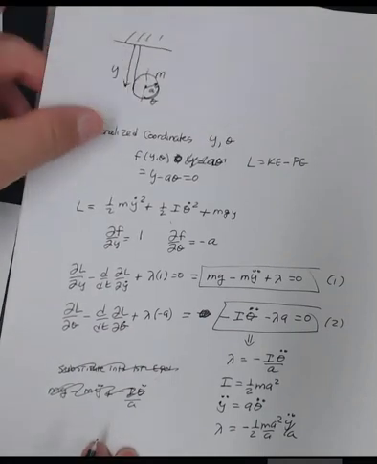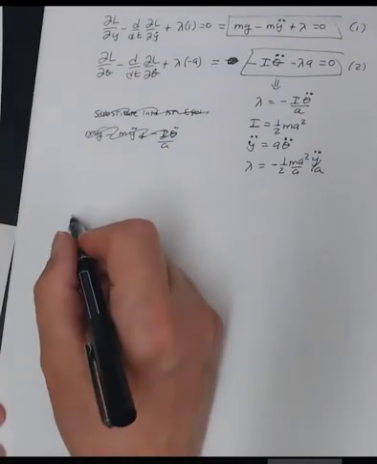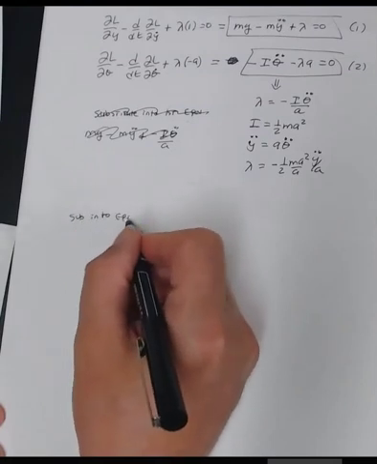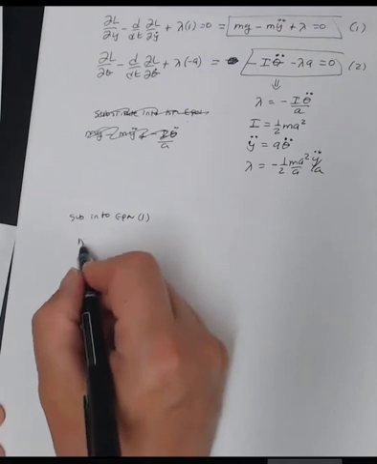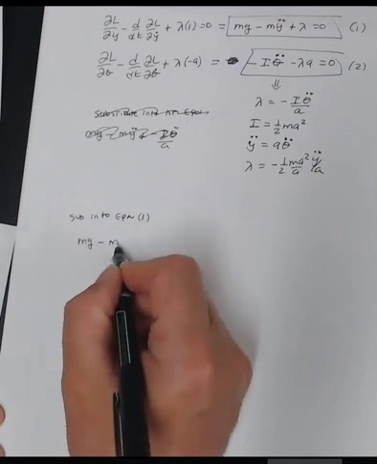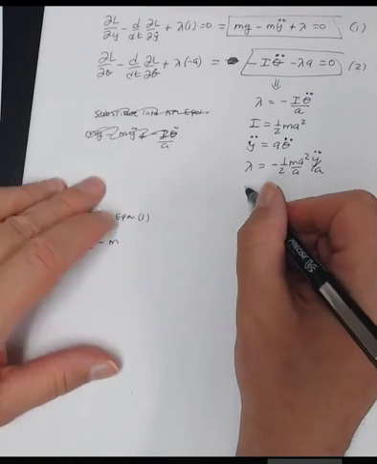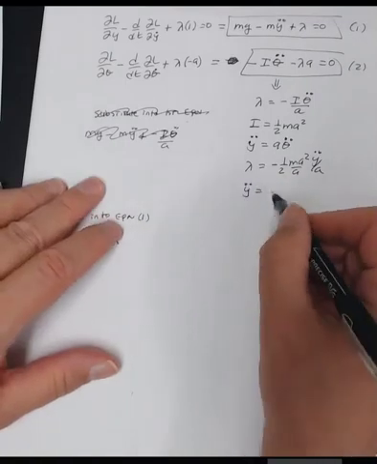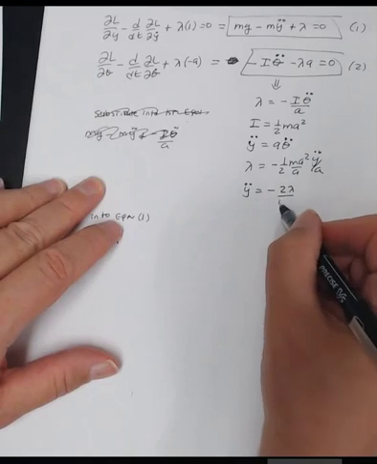So if I do that now, I'm going to plug that into equation 1. And I'm going to get then mg minus m y double dot is equal to negative 2 lambda over m a.